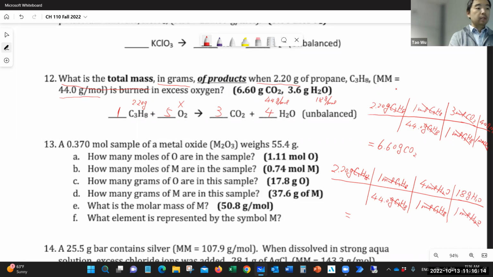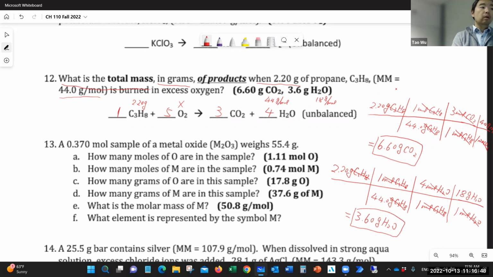Based on this calculation, you figure out that's going to be 3.60 gram of water. So that is how many grams of CO2 you can generate from the mass of propane, and that is how many grams of water you generate. Added together, this is the total mass of product generated from the propane.